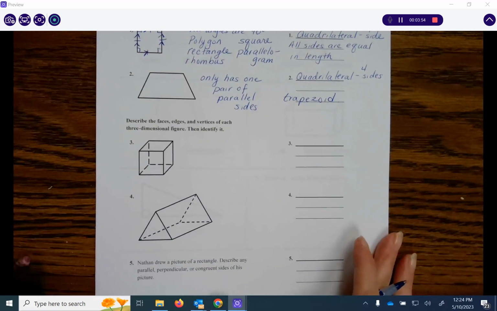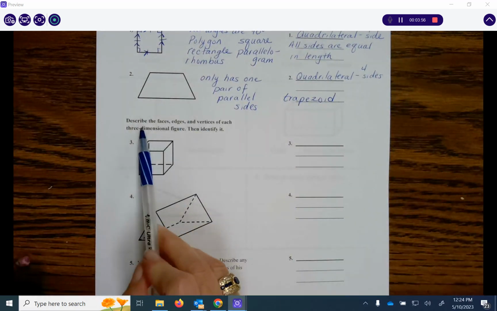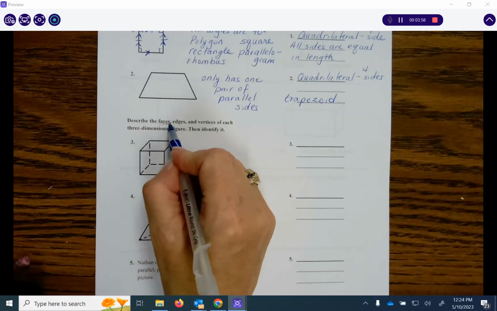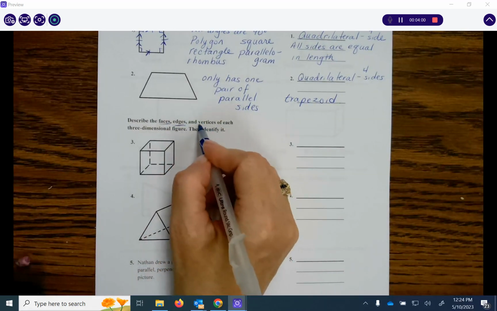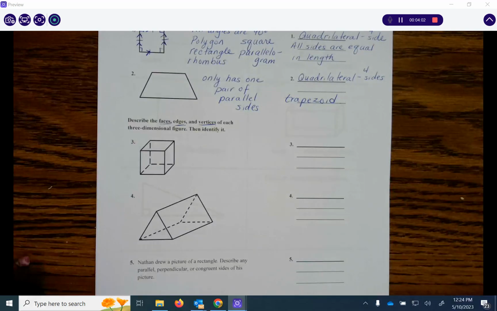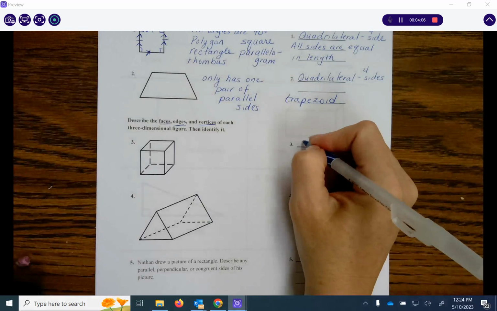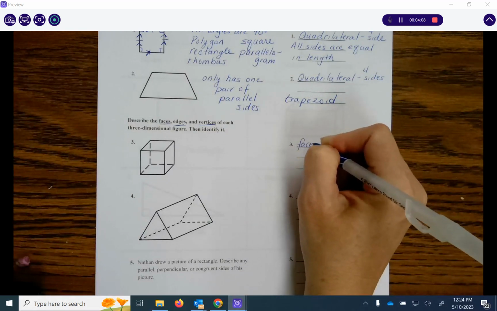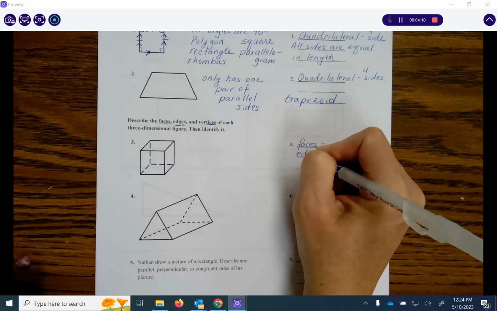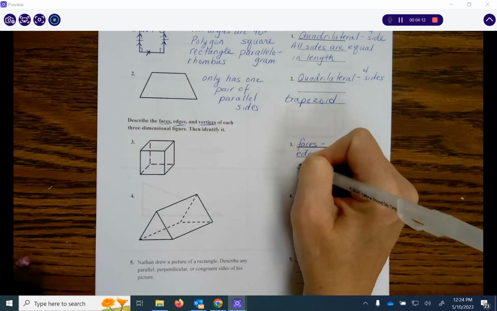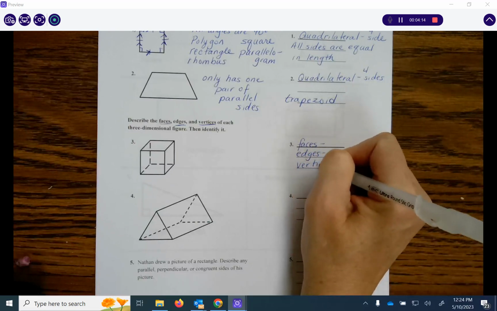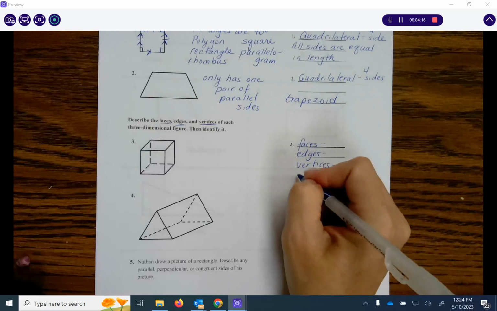Next, describe the faces, edges, and vertices of each three-dimensional figure, then identify it. So we're going to have faces, edges, and vertices. And then the name.